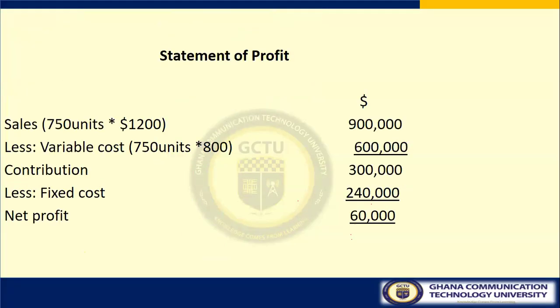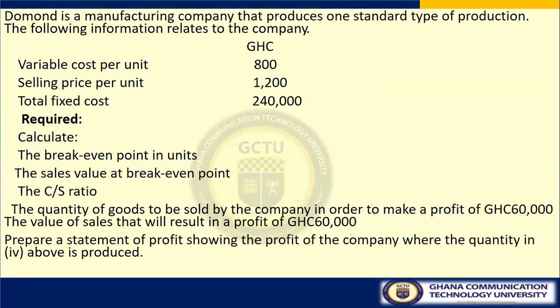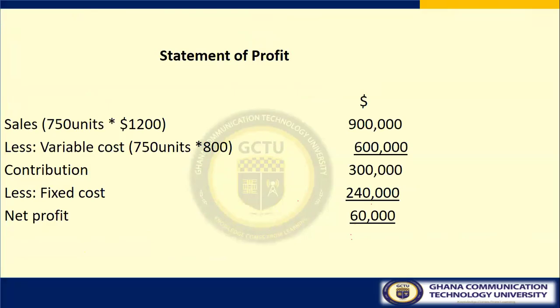So I'm going back to the question. The last thing we have to do is prepare a statement of profit to show the profit of the company where the quantity in (i) above is produced. So for the statement of profit, our sales is 750 times 1,200.